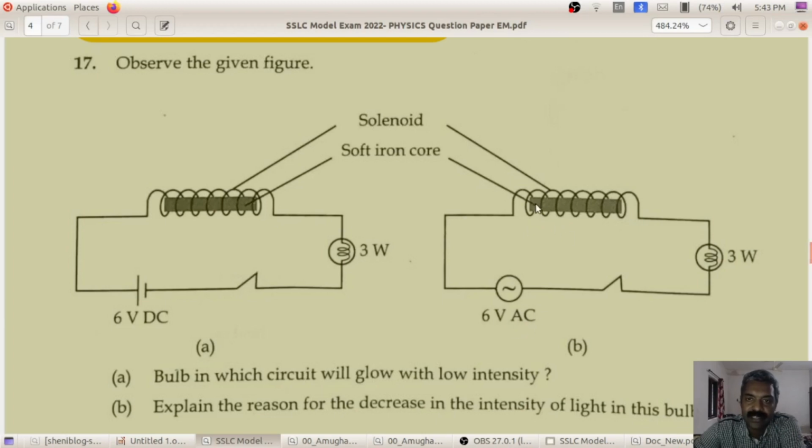So as a result, a back EMF is produced in circuit B and the bulb will glow with low intensity in circuit B. Explain the reason for the decrease in the intensity of the bulb. Because a back EMF is induced here due to self-induction.